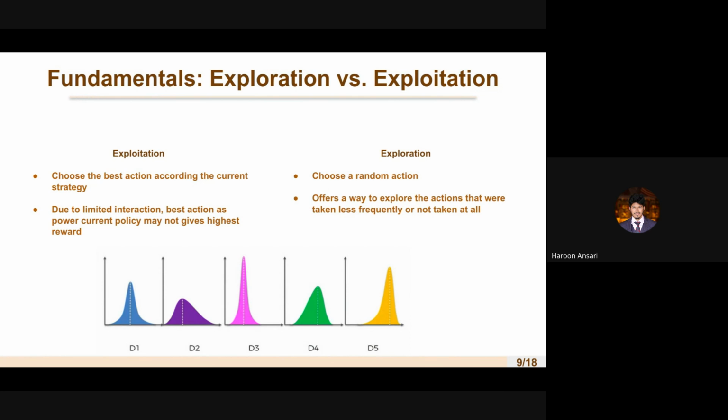Over millions and billions of iterations, even a fractional exploration will lead to the emergence of new policies that will give us better reward. So this is all about exploration and exploitation.